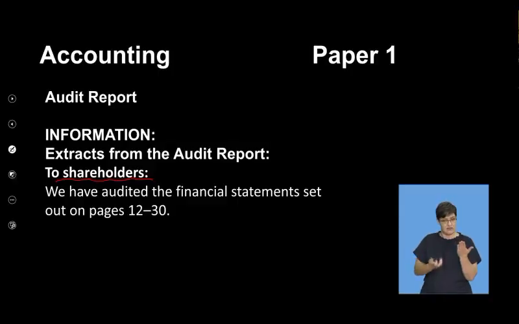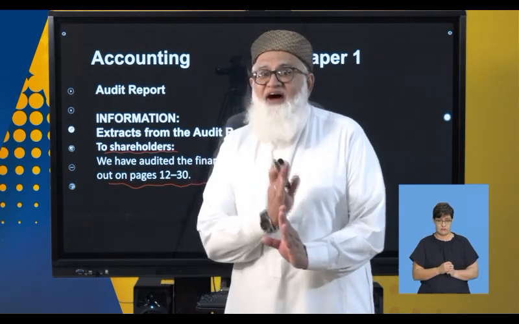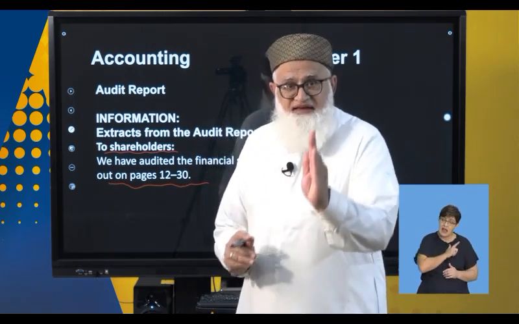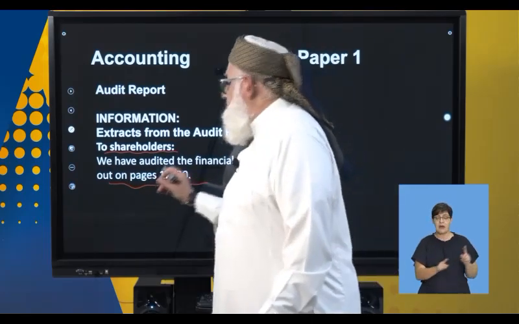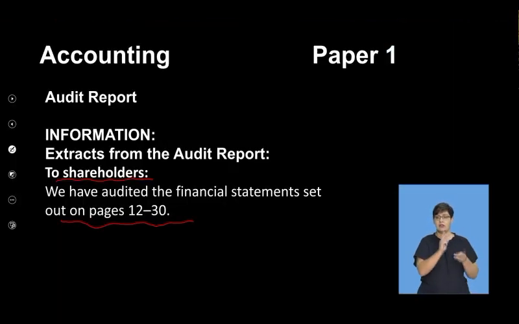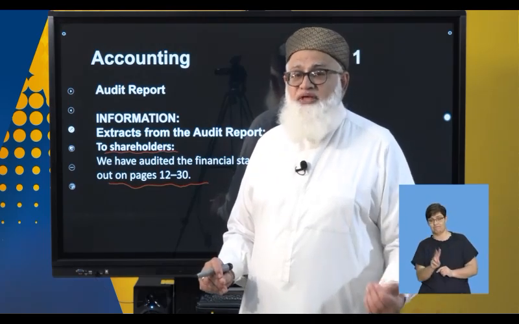Okay, so they are saying now, we have audited the financial statements set out on pages 12 to 30, right? They are specifying that they have audited only pages 12 to 30. Important information, as you will see when we look at the questions that we have to answer.